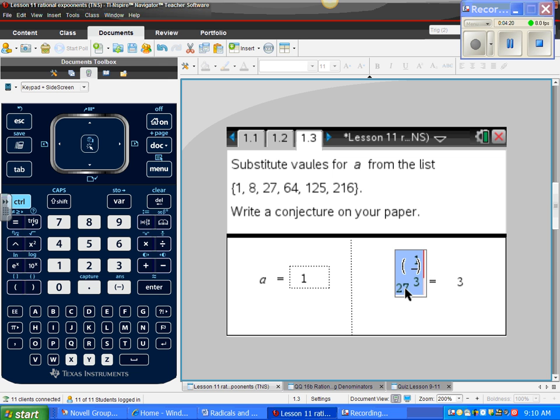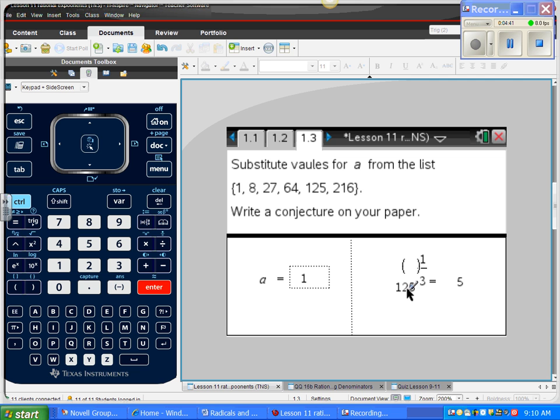Are we finding a pattern? 64 is going to be 4. Very good. And 125 is going to be 5. So what's my conjecture? Very good, Brittany. Okay, so anything to the 1/3 power is the cube root.